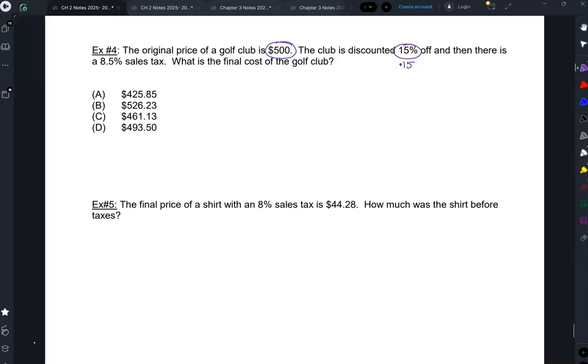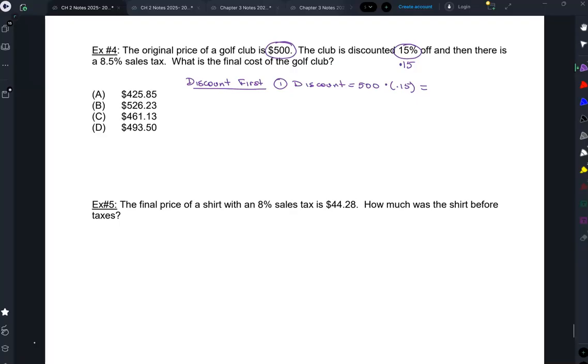So first we want to do the discount first. There are 2 steps to this. Find the discount, original times the rate.